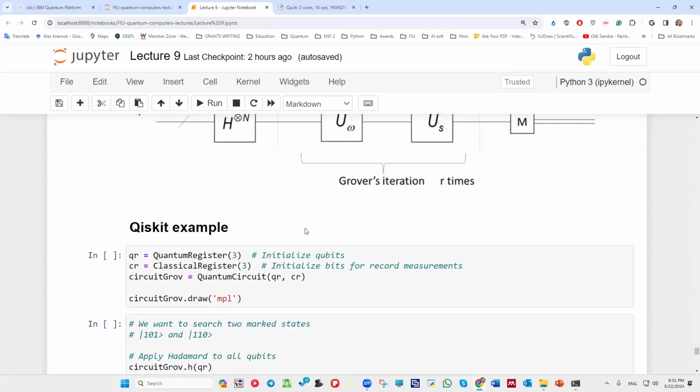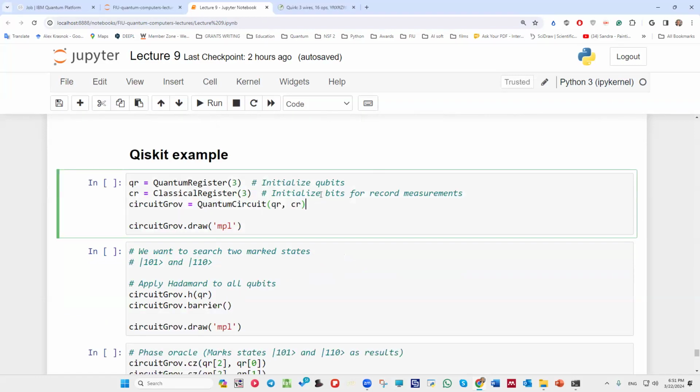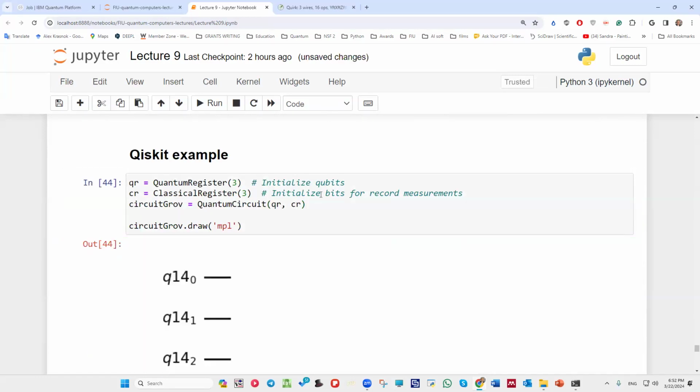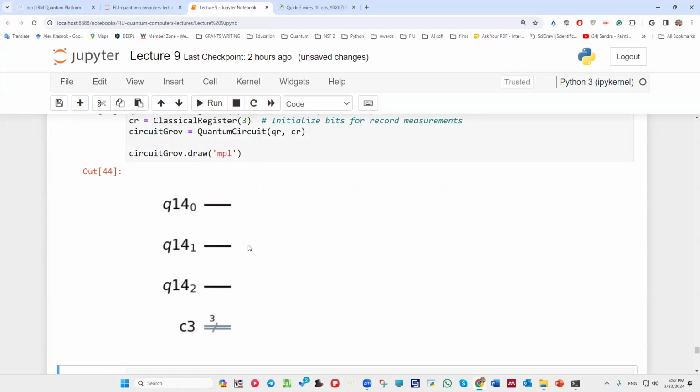So, and here, let me go very quickly. I will discuss this next week. The Qiskit example of the Grover's algorithm. This example is not trivial, because the other sample examples with 2 qubits are rather trivial.